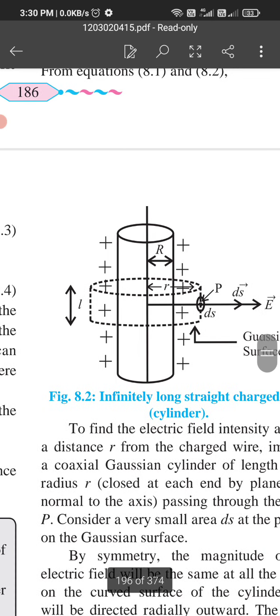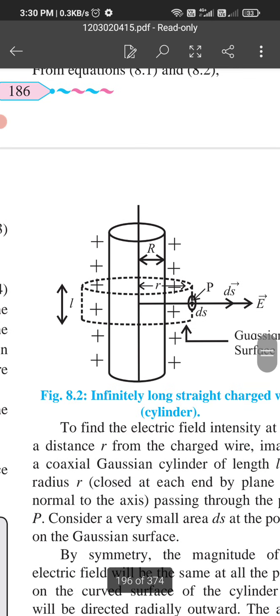To find the electric field intensity at a distance r from the charge wire, let small l be the length of the Gaussian cylinder and small r be the radius of the cylinder.